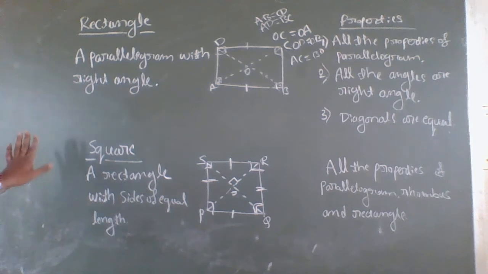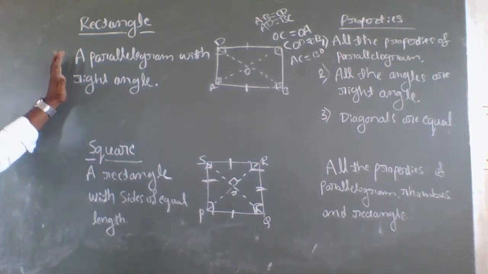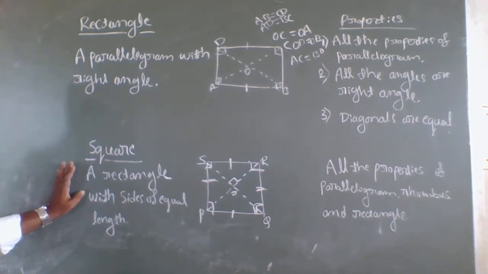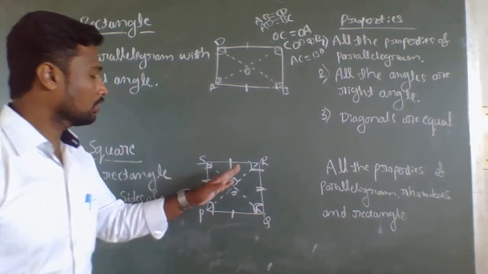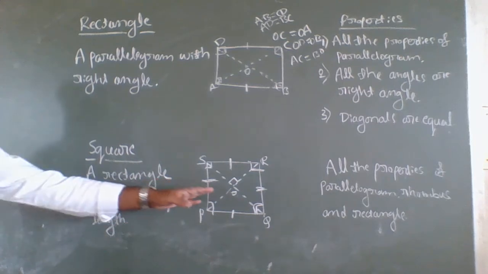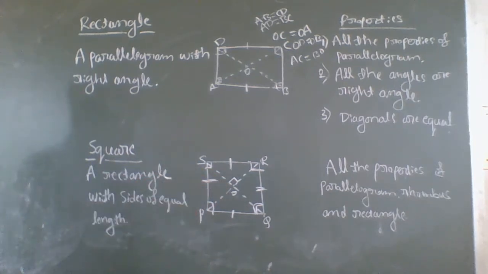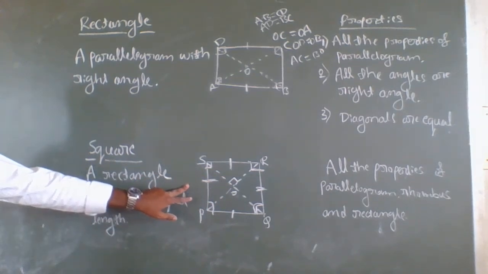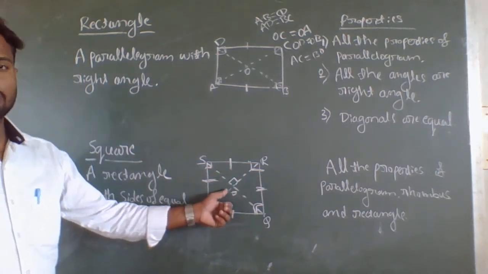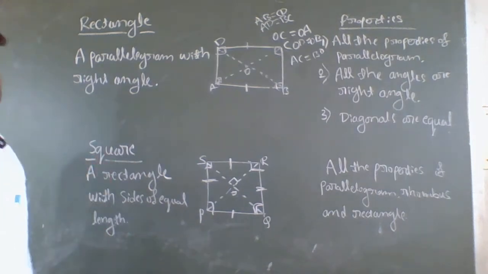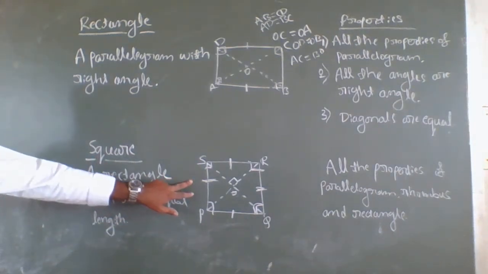See here again, a square is a rectangle where all the sides are equal to each other, and it has all the properties of parallelogram, rhombus, and rectangle. Like a parallelogram, but in a parallelogram only opposite sides are equal, whereas here all the sides are equal to each other.